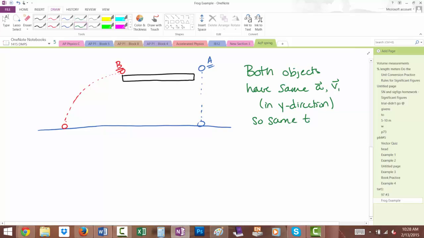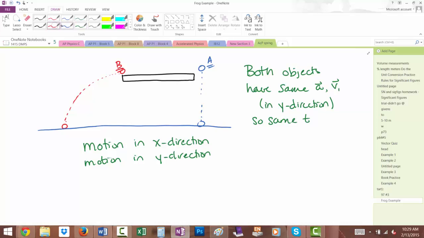The x motion and the y motion are completely independent of one another.